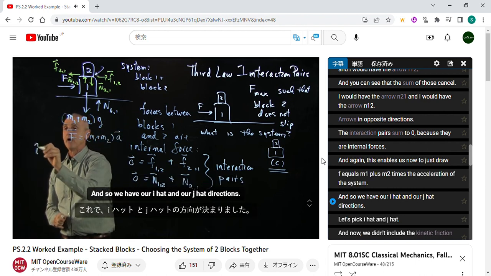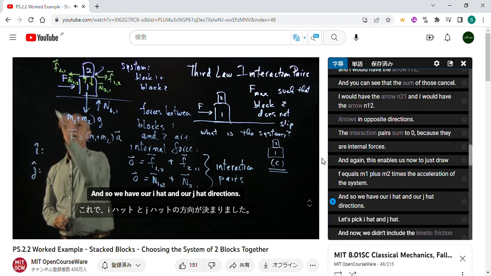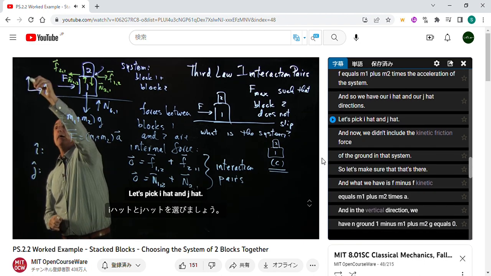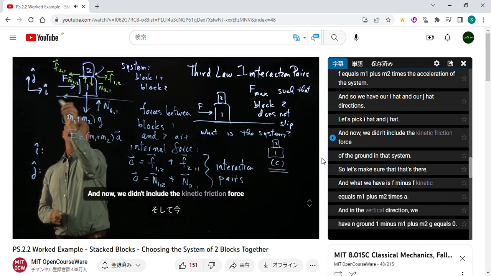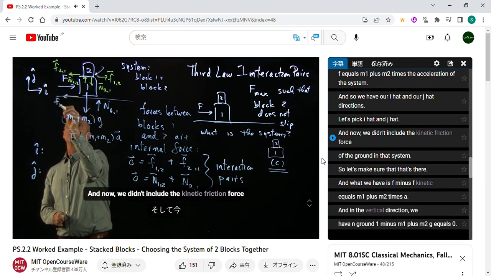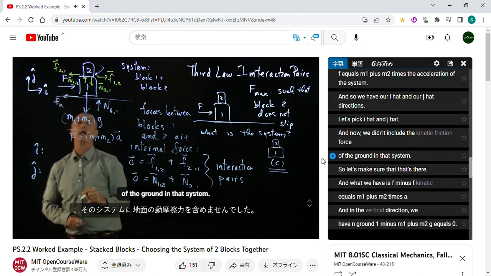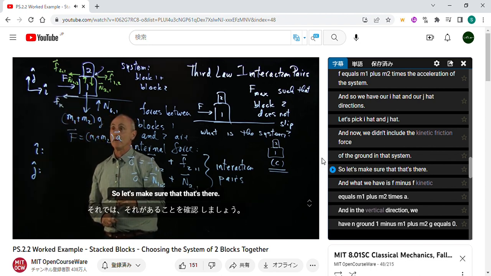And so we have our i hat and our j hat directions. Let's pick i hat and j hat. And now we didn't include the kinetic friction force of the ground in that system, so let's make sure that that's there.